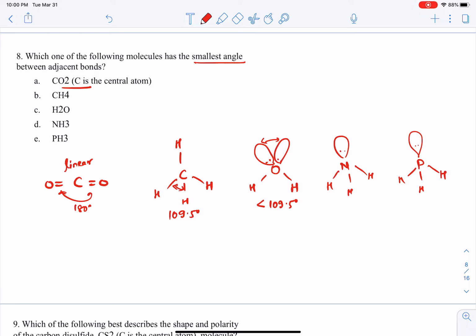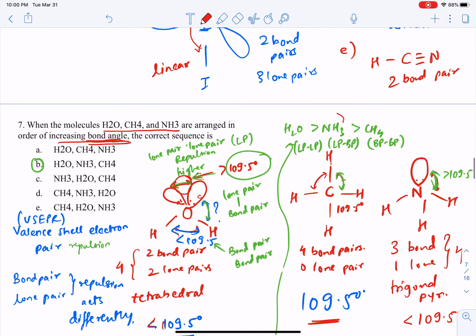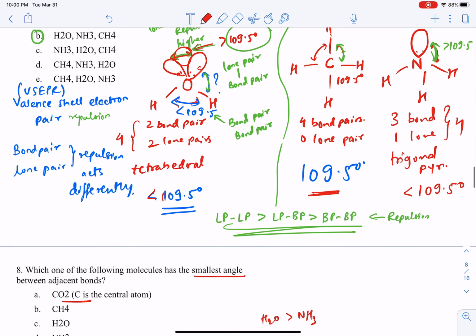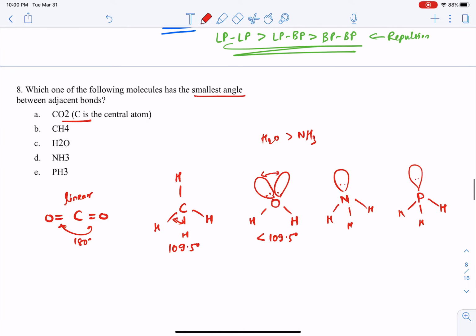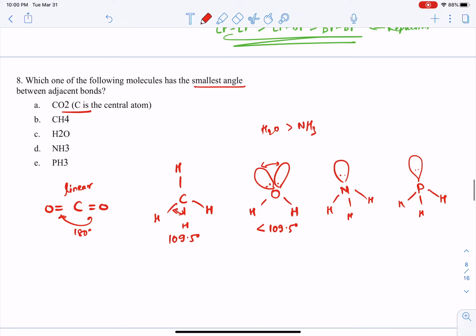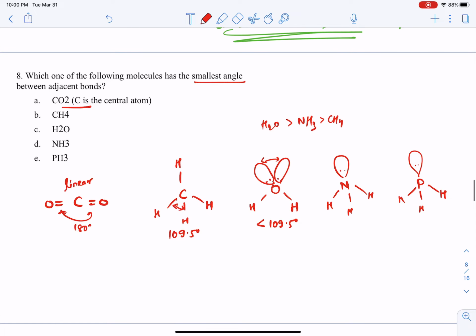Okay, now we also know that this angle is highest, right? We measured previously that the angle of H2O is higher than NH3. That's what we did here. And you can also say that it was higher than CH4, but here comes the question. So this is also the angle in between adjacent bonds.